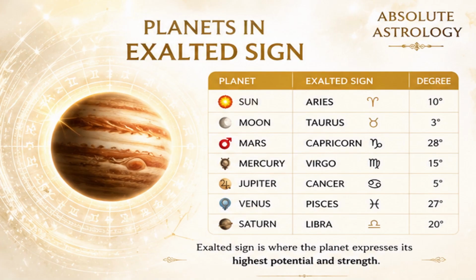Whenever any planet is debilitated in the chart, let's say Venus is debilitated in your D1 chart, but when you check the Navamsa and you see that Venus is placed in Pisces by any chance, because the Navamsa chart is different from the D1 chart, then you can understand it.